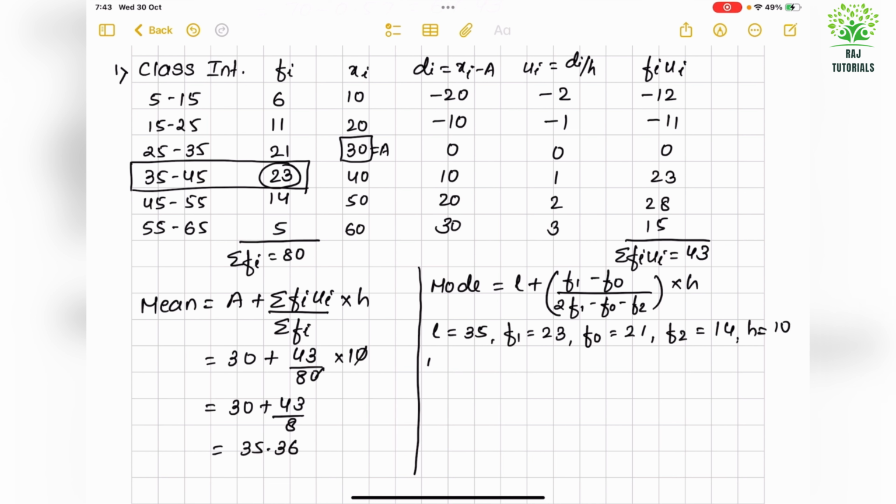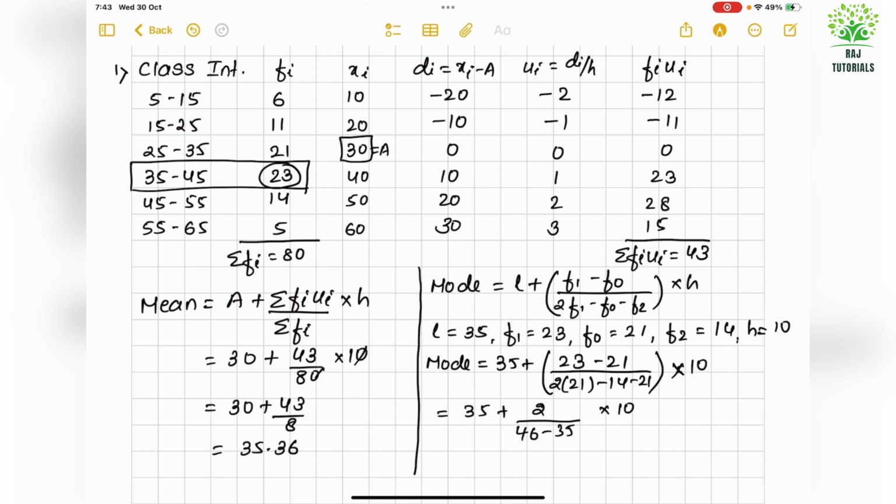So now putting the values, mode will be equal to 35 plus 23 minus 21 upon 2 into 23 minus 21 minus 14, into 10, so that will be 35 plus 2 upon 46 minus 35 into 10, so that is coming to 35 plus 1.81, so 36.81.